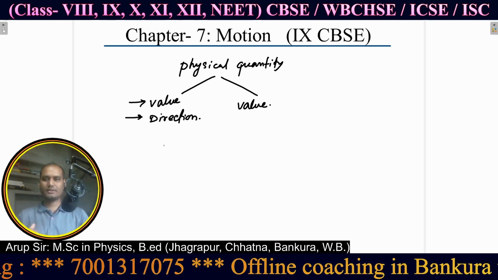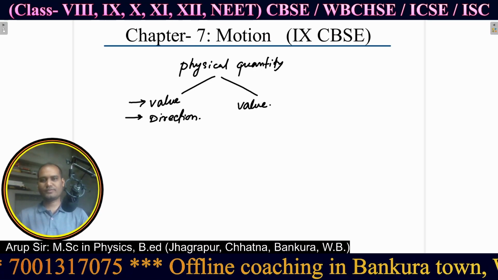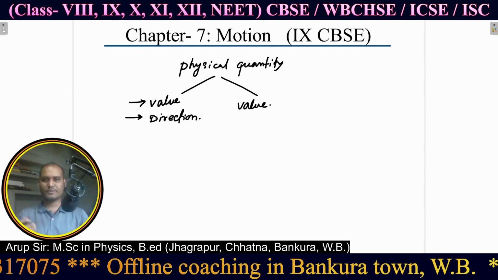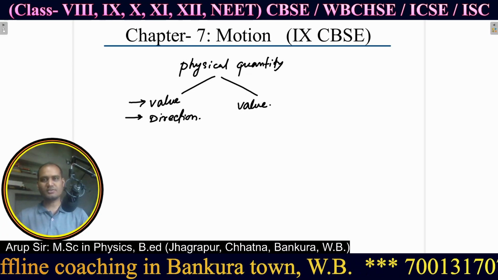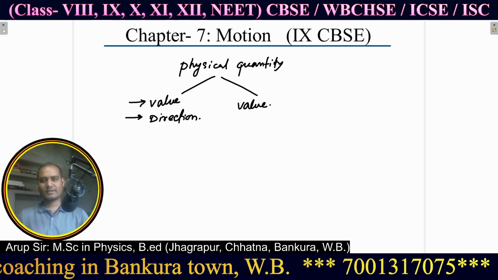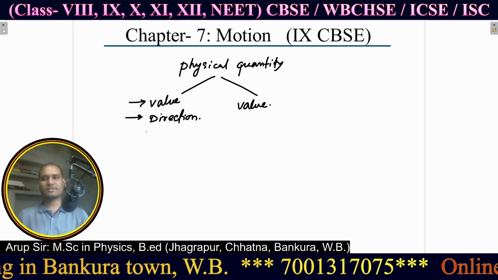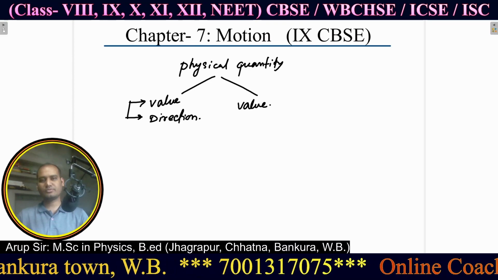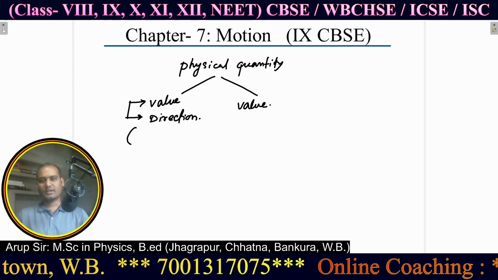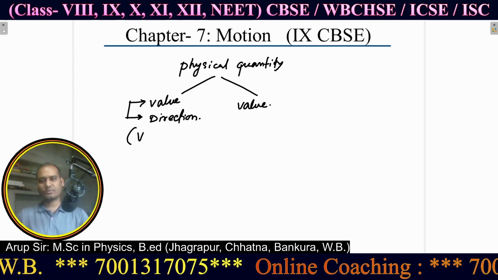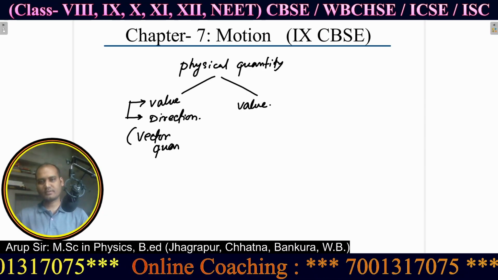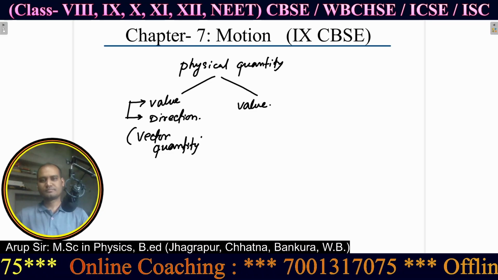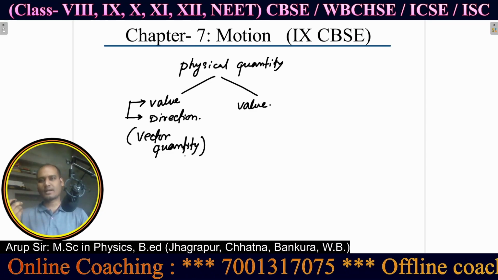Direction may be or may not be. If some physical quantities have some value as well as direction, those are called vector quantities. So value and direction, when these two are present, are known as vector quantities. What are the examples?